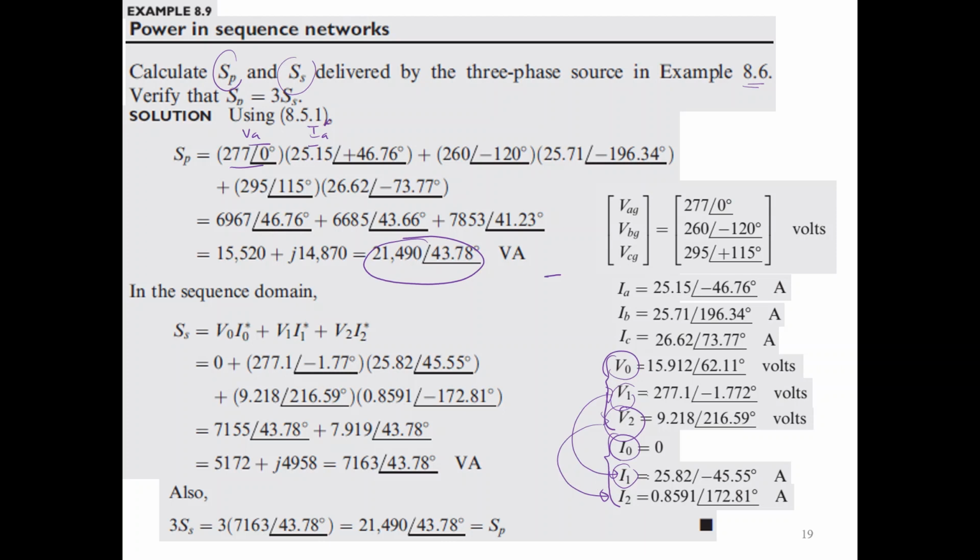You sum up all these three products. Once you have computed the sum of these three products, you have this one. You can see that, right? In order to get the total power in the phase quantity, you just multiply this by 3, so you get the same result.